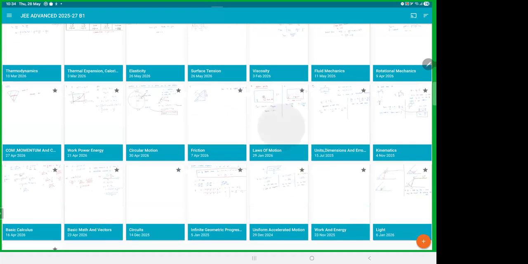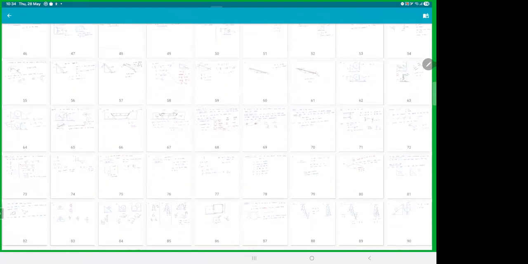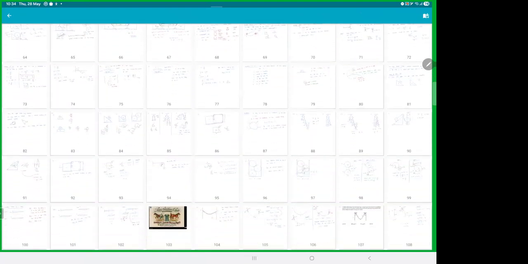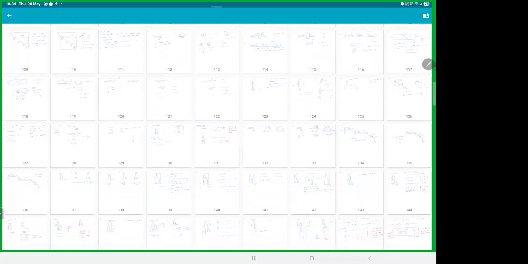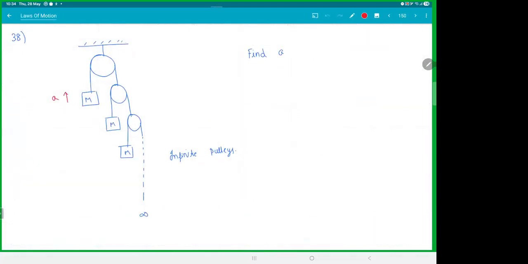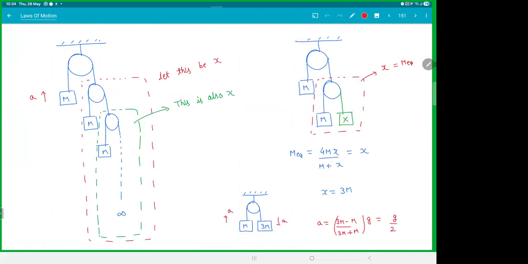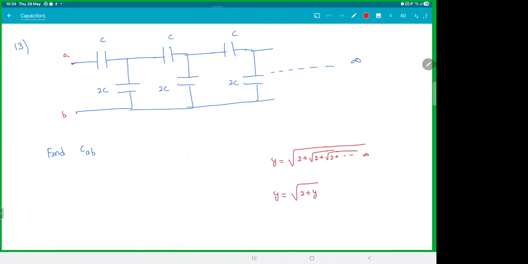You've seen this thing in laws of motion, if anyone remembers, infinite pulleys. We did the same logic. We said let the whole thing be x, and then we said replace with an x. We actually did this problem based on resistors. Great. So then how do we do this thing?